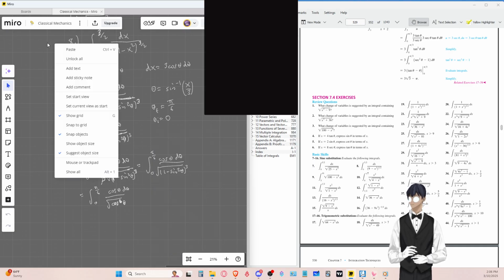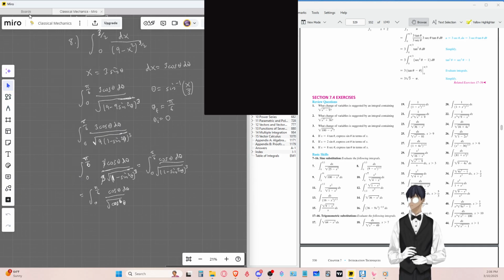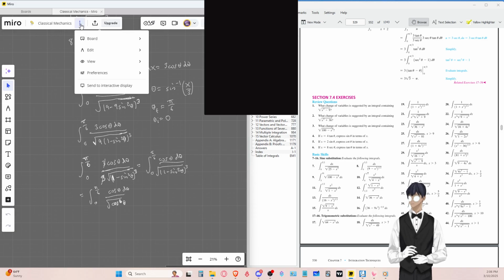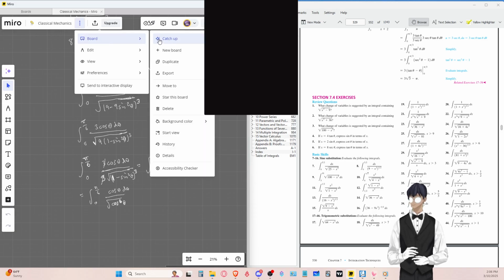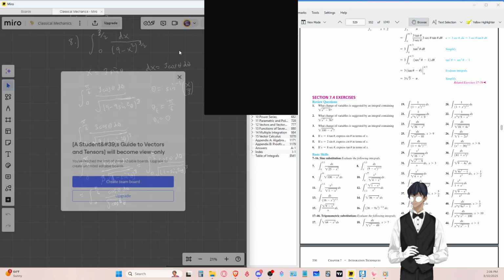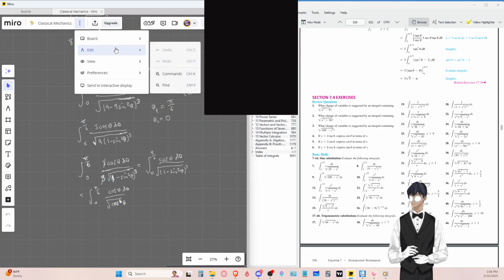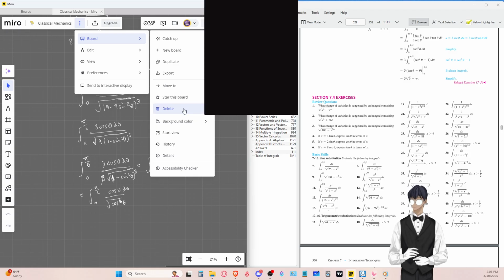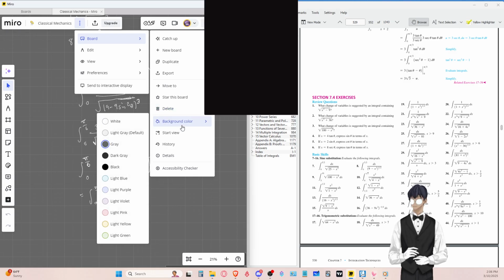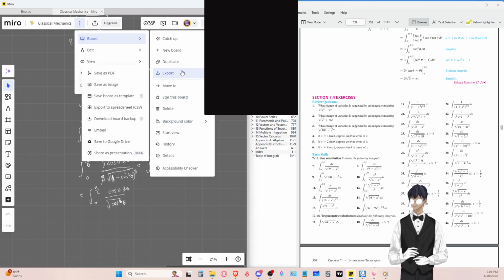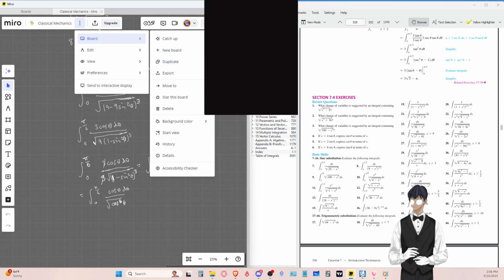Let's see if we can. I actually want to clear everything here. There should be a board. No, I just want to clear it, I don't want to delete it. I'm pretty sure I was able to erase the whole thing.